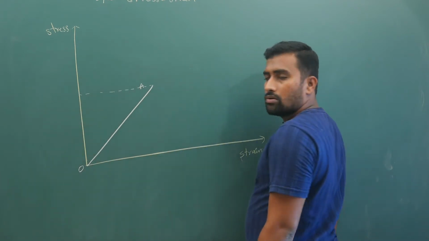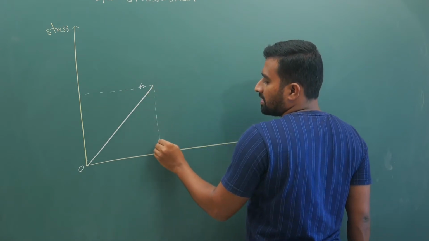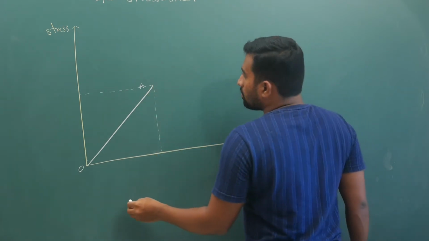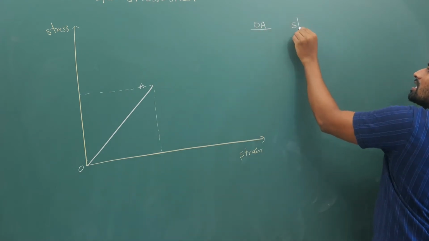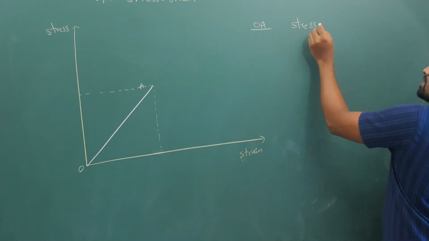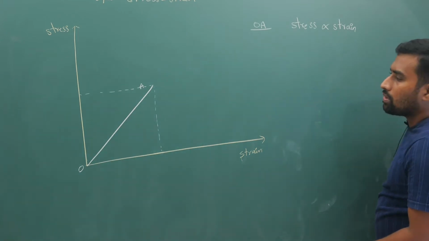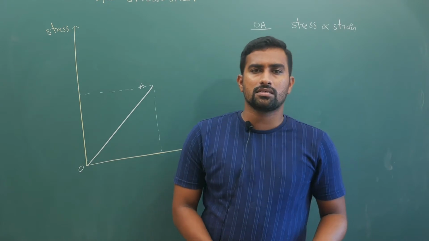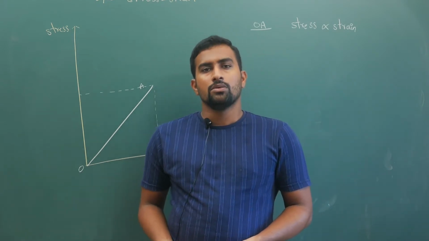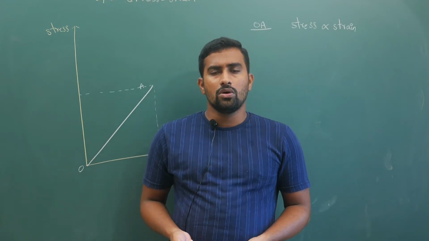Now from O to A, in most materials, stress is directly proportional to strain. This is an experimental observation. You have a straight line passing through the origin, so we write it simply as y equal to mx, that means y is directly proportional to x.